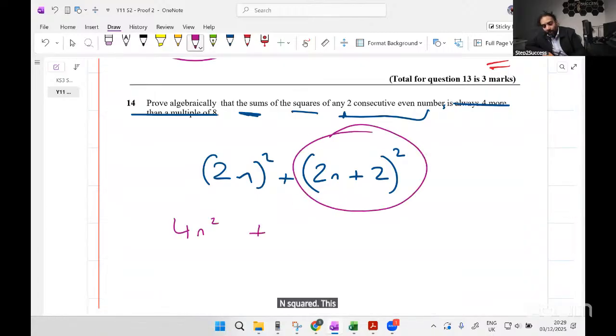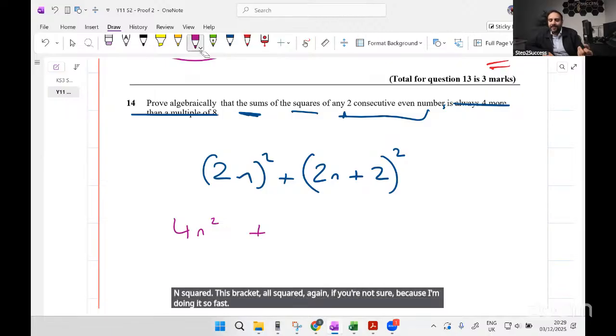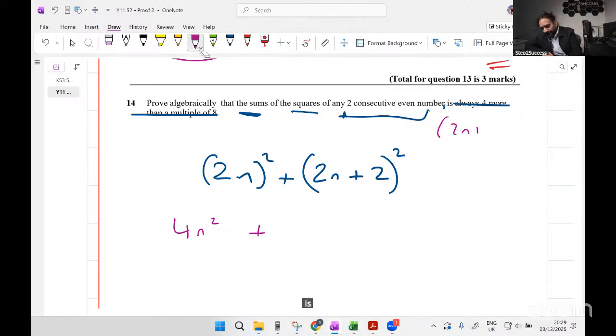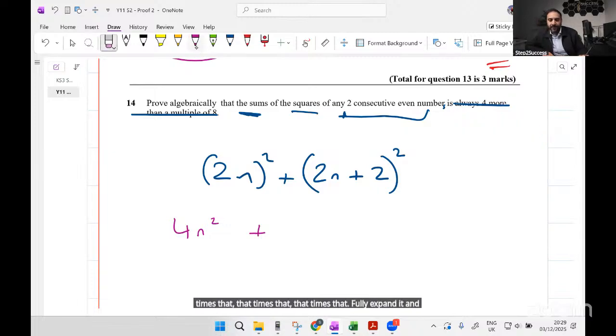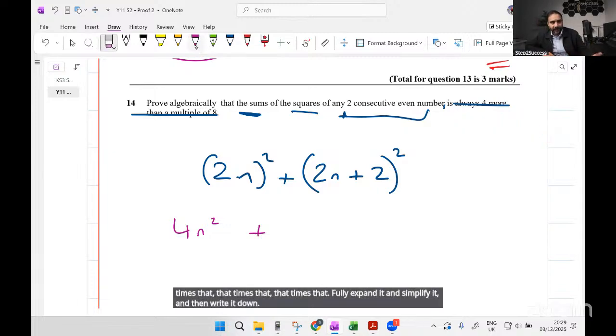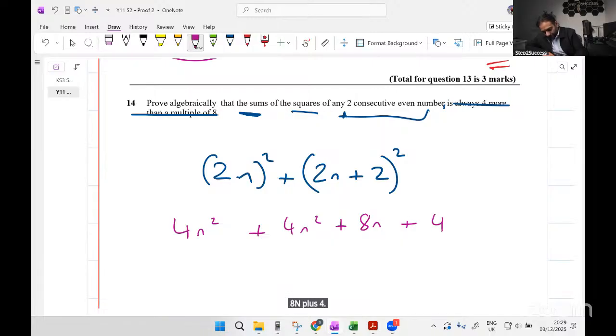This bracket all squared, if you're not sure, because I'm doing it so fast, write it out twice and do that times that, that times that, that times that, that times that, fully expand it and simplify it, and then write it down. But there is a quick way of doing this, which I'm about to demonstrate. It is 4n squared plus 8n plus 4. Okay, that's what that is.